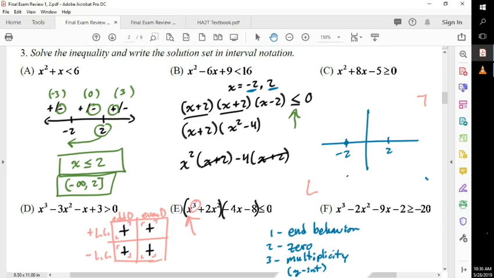And whenever you have even, that means bounce. And then for the 2, it's odd because there's only 1 factor. So we're going to go at that negative 2, bounce off of it, and then go right through the 2. So do you guys see where our answers are? Everywhere this function is below the x-axis, that's our answer.